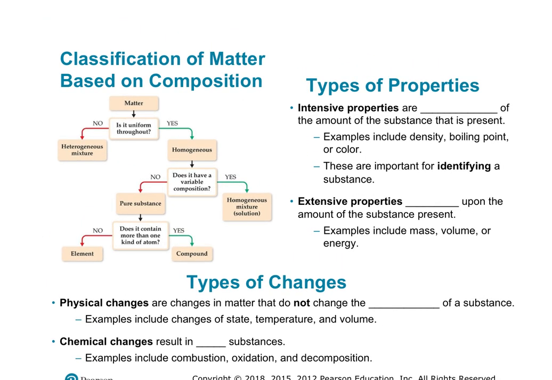Continuing to classify matter, we can determine if we have a sample, is it uniform throughout? If we can see different parts and it's not uniform, we call that a heterogeneous mixture. If it's all pretty uniform throughout and pretty consistent, it would be homogeneous. Now, if we look further into that structure, we can ask ourselves, is it made up of all the same type of substance, or is it a mixture of a couple different substances?